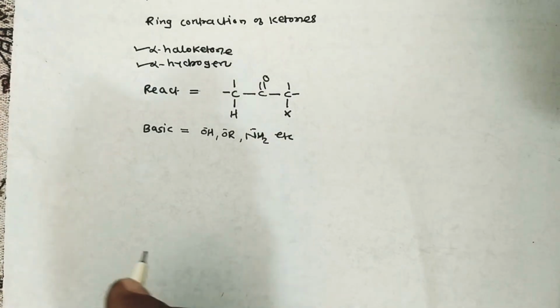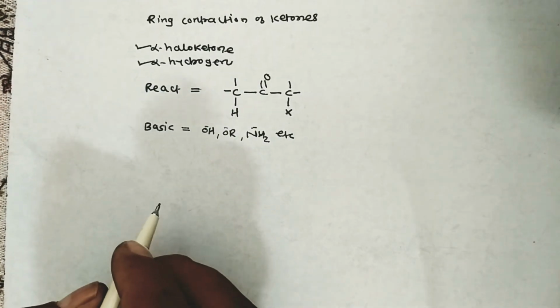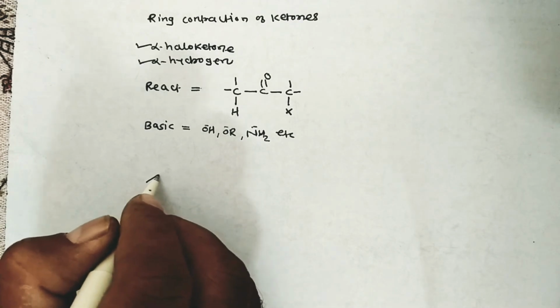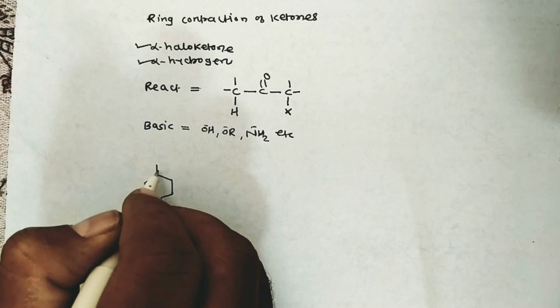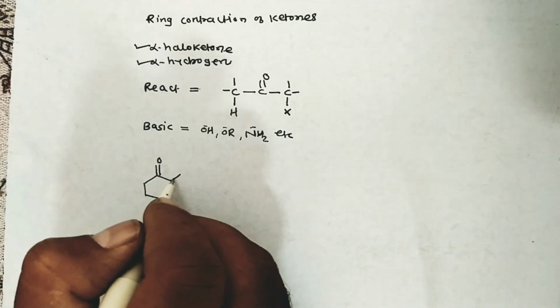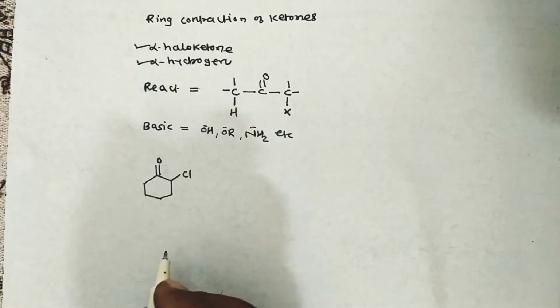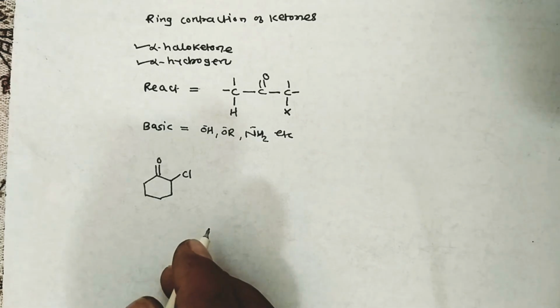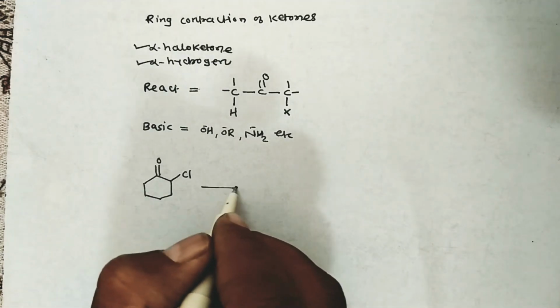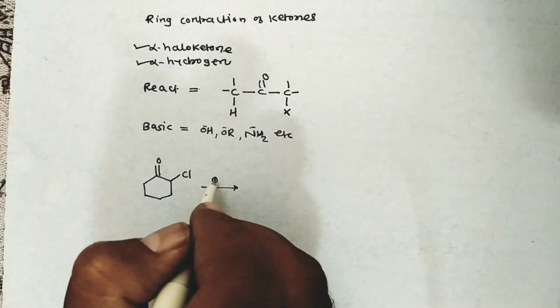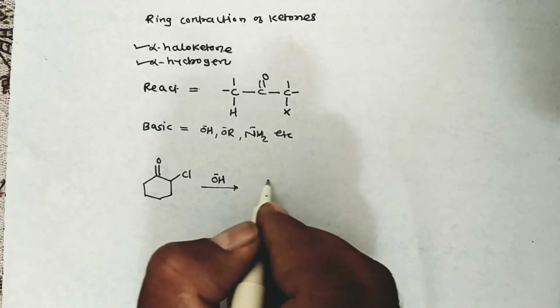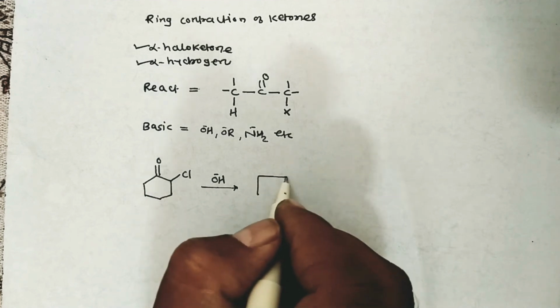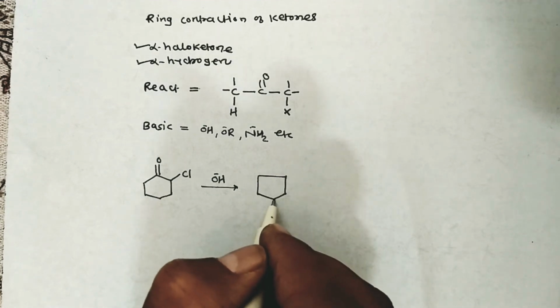So let us see one example. This cyclohexanone can undergo Favorsky reaction in basic medium to form a 5-member ring.